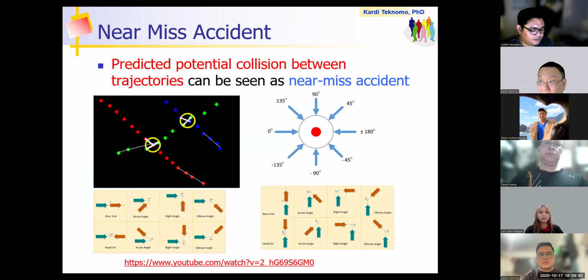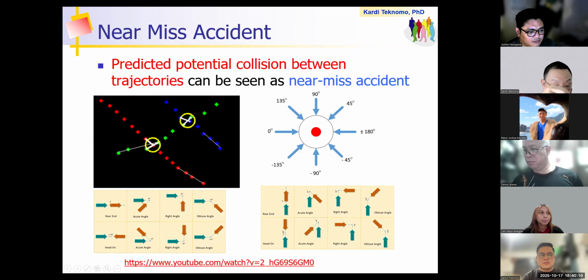A while ago, I showed how we track the cars at the intersection for near miss. We predicted the potential collision between trajectories. Say you have this green trajectory here, and then red and blue. Before it happens, we can project.